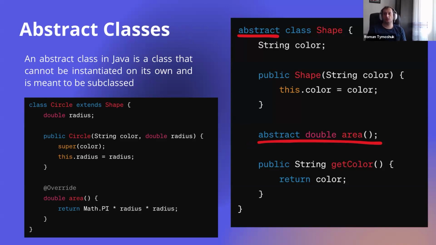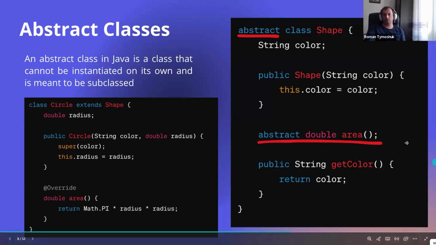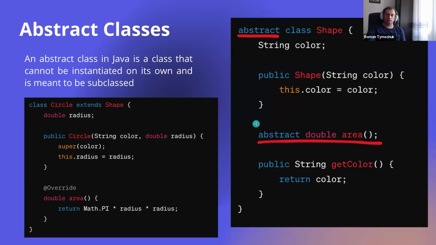And yeah, here you can see a good example called Shape. It was already mentioned by you that we may have a general shape, and it's pretty clear that we can define a color. But the way to calculate an area should be different, and it depends on the type of figure.